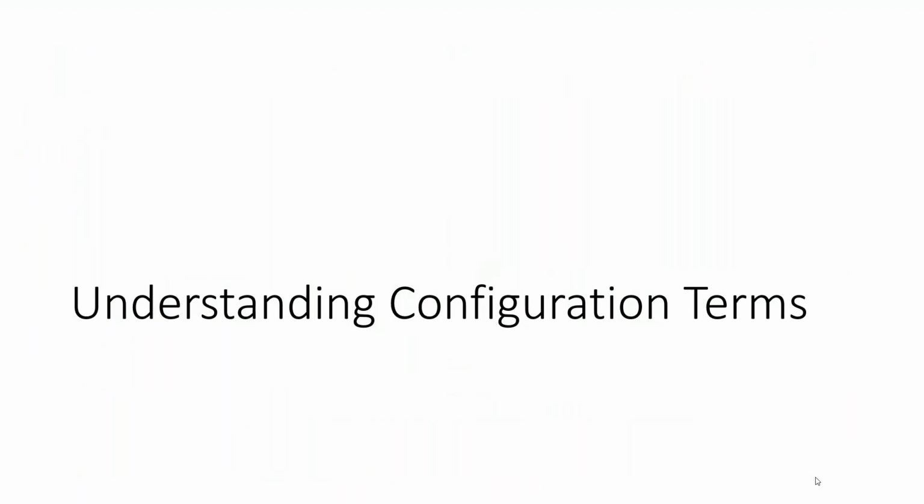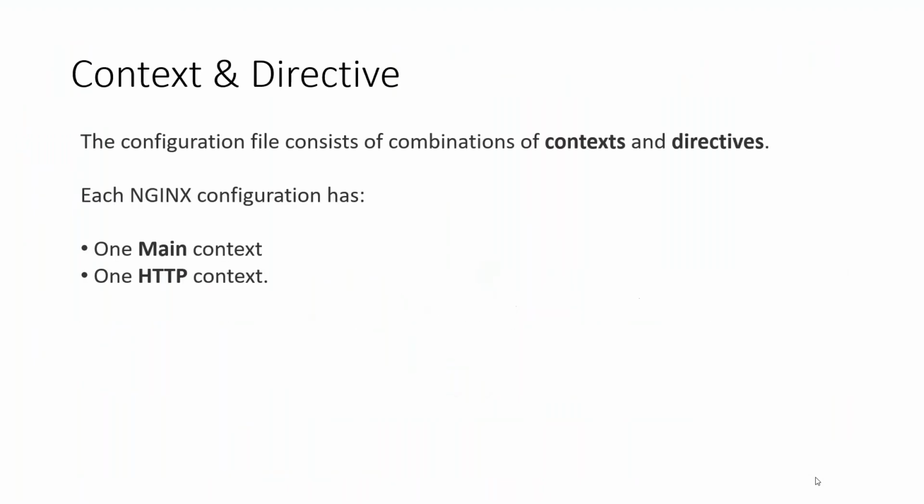So, understanding configuration terms. The stanzas which I was showing you in the configuration file, we talk about in terms of context and directives. The configuration file consists of a combination of contexts and directives.